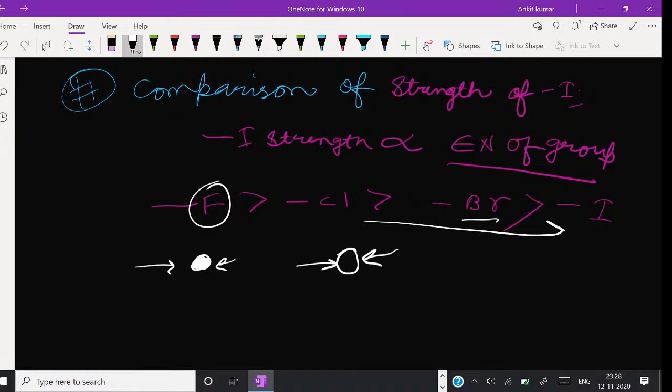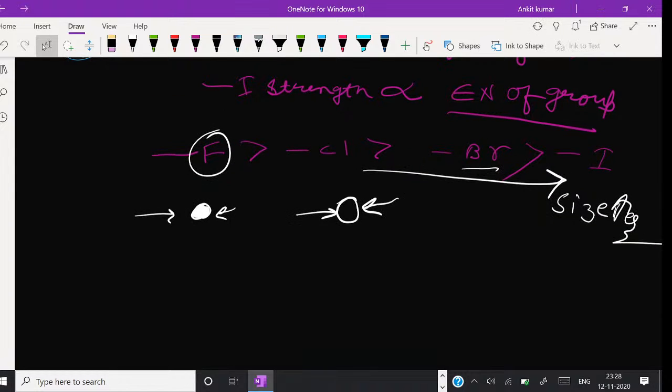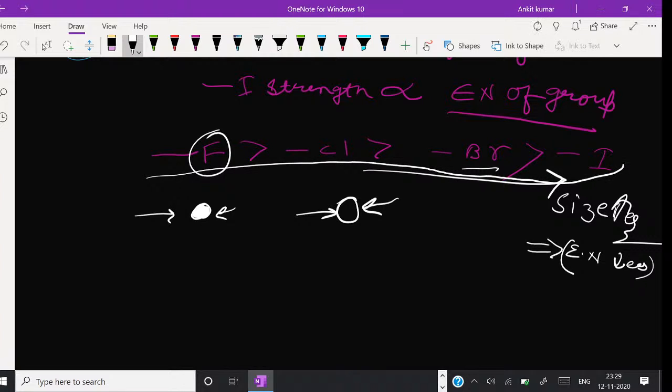Here size increases, and size increases means electronegativity decreases. So the order of minus I strength will be from fluorine to iodine.